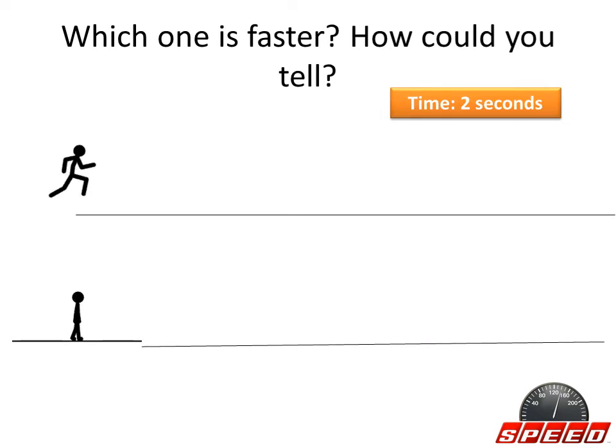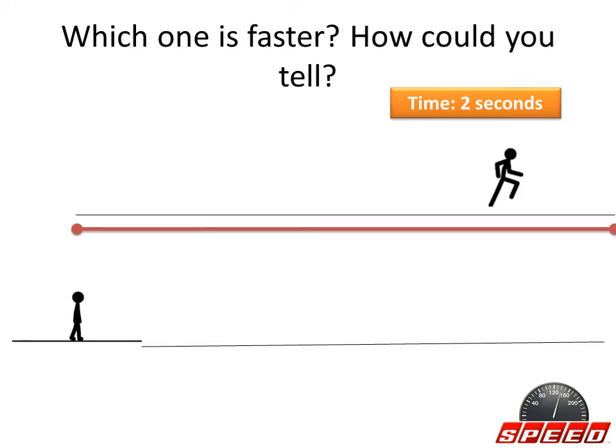Now, who's faster? Again, a man walking or a man running? And how can we tell? You can directly tell me that the man running is faster. Okay, we can look at our stopwatches and let's say I will give both of them 2 seconds in order to cover a certain distance. So I will let the runner run first.